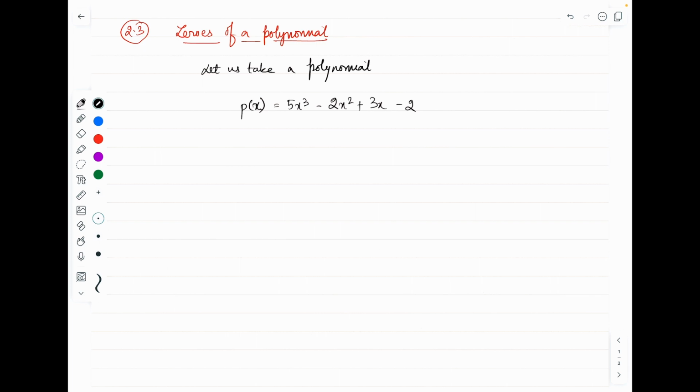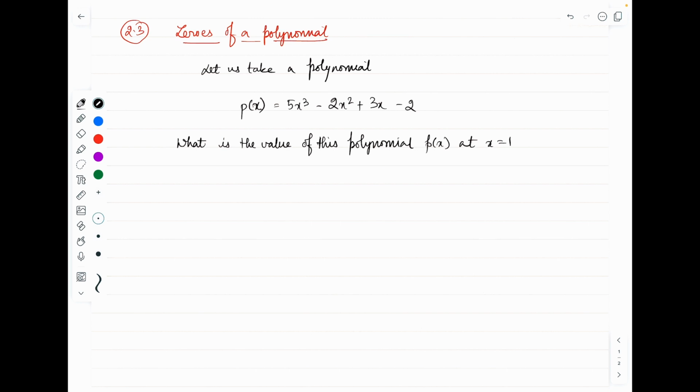I want to find the value of this polynomial P of x at x equals 1. When x will be 1, what will be the value of this polynomial?